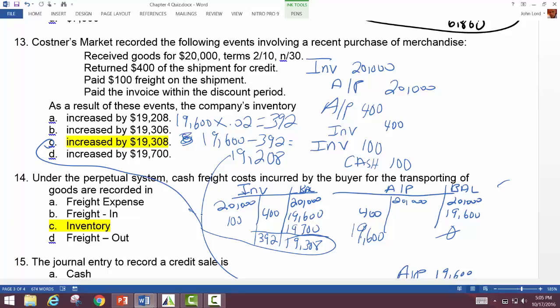So I'm sitting there and I say, okay, 19,600 times 0.02 is a $392 discount on this stuff, isn't it? So I'm going to pay the guy 19,600 minus the discount of 392, which means I'm going to pay the guy 19,208.